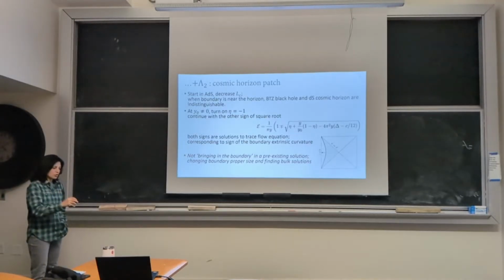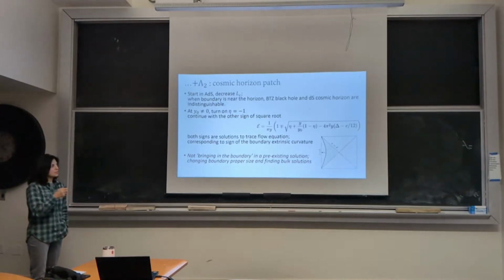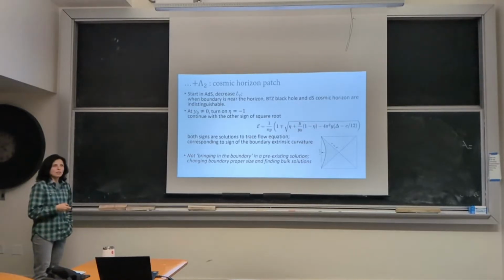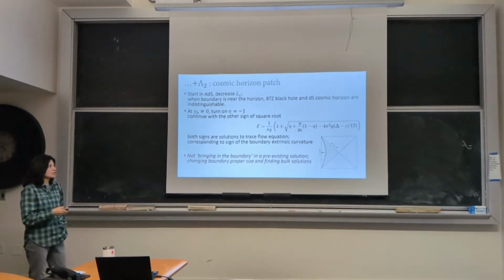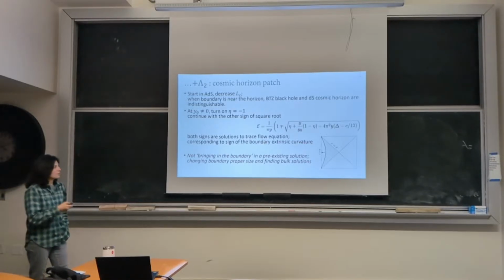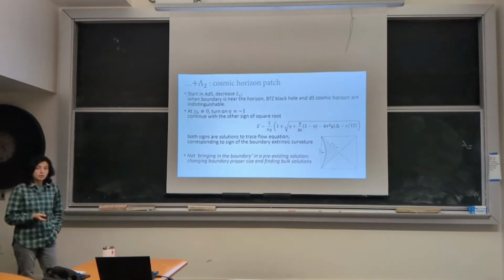When you are very close to the BTZ horizon, as I was saying, you do that such that this square root vanishes. And now when you turn on the new deformation, you are bringing in this square root again, but now with the opposite sign, so that the deformation remains continuous.